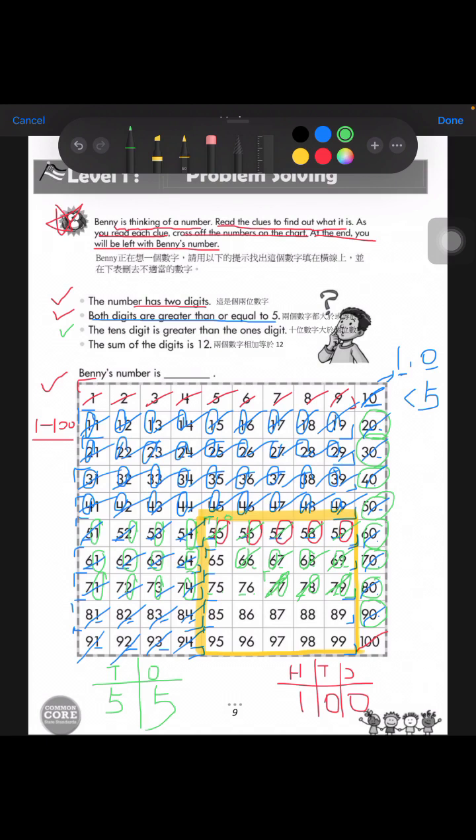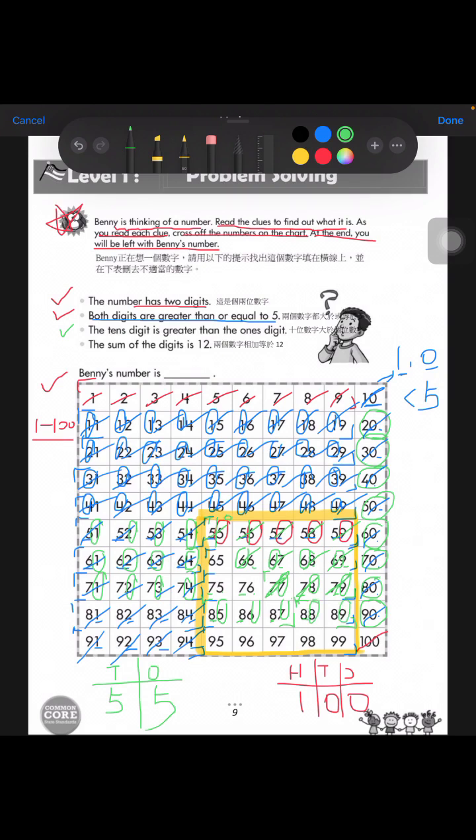And then we look at 85 to 87. The 10s digit is 8 and the 1s digits are 5, 6 and 7. The 10s digit is greater than the 1s digit, so we can keep them and don't need to cross them out. How about 88 and 89? The 10s digit is 8 and the 1s digits are 8 and 9.